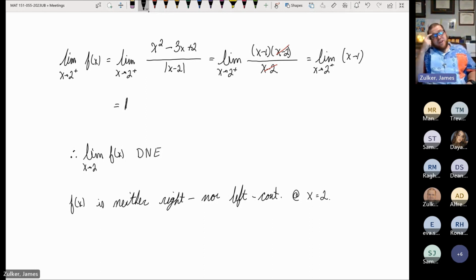That means f is neither right nor left continuous.